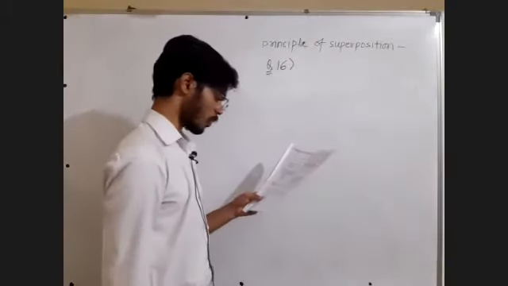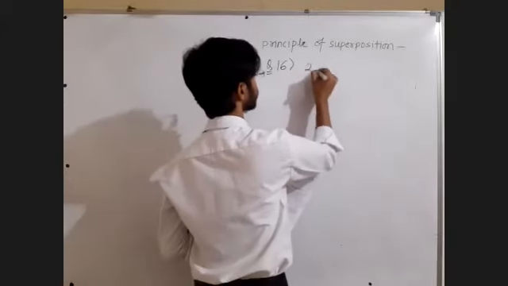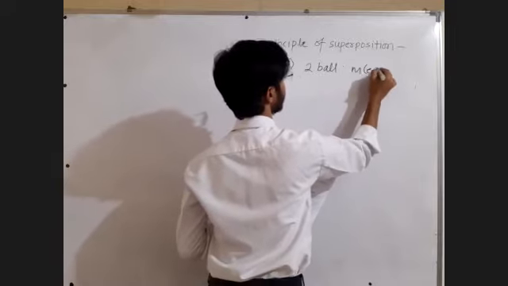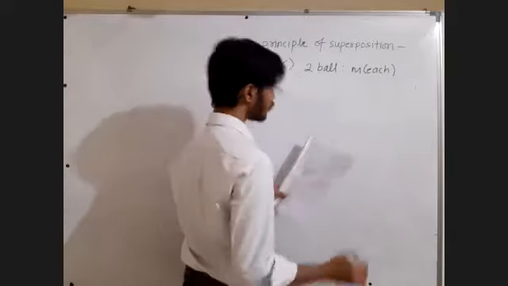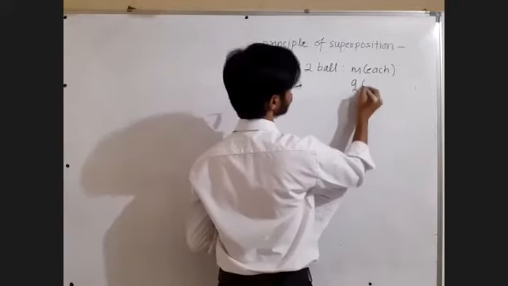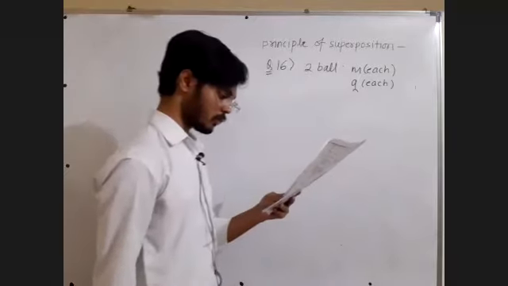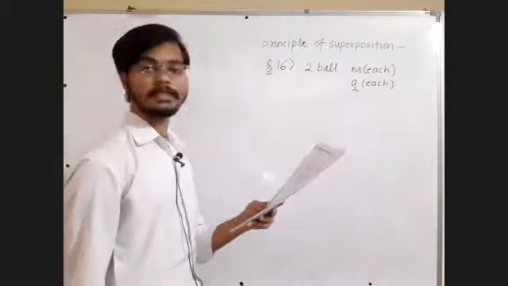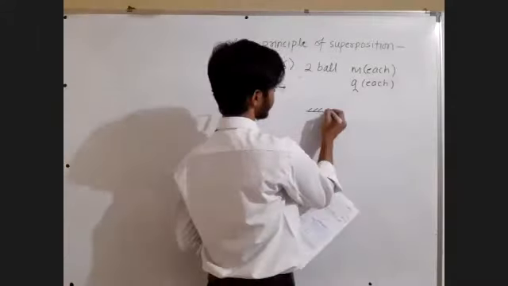Two small balls, each of mass small m, and small q charge on each, are suspended through two light insulating strings. Insulating means those strings will not conduct any charge.